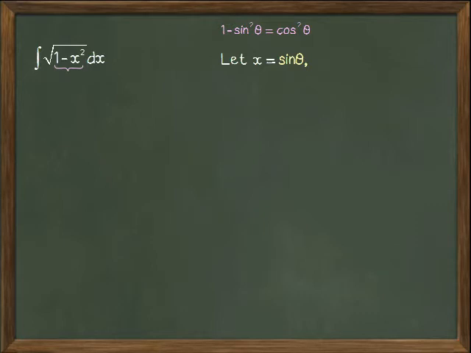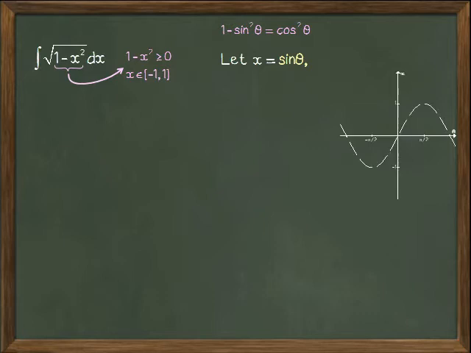And secondly, the restriction on x is that x must be between -1 and 1, and we know that sine theta has a range between -1 and 1. Therefore, x equals sine theta seems to be a suitable choice for substitution. One problem with trigonometric functions is that they are not one-to-one, but we can fix this problem by restricting theta to a suitable domain.